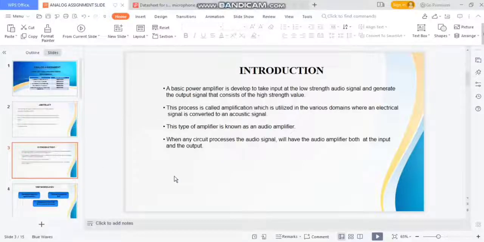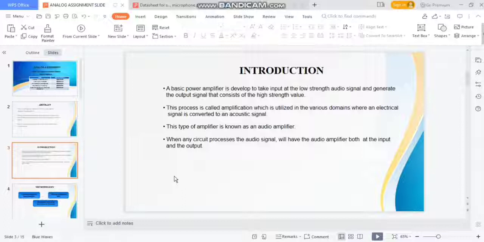And now I would like to present the introduction of our analog assignment. A basic power amplifier is developed to take input as a low strength audio signal and generate an output signal that consists of a high strength value.